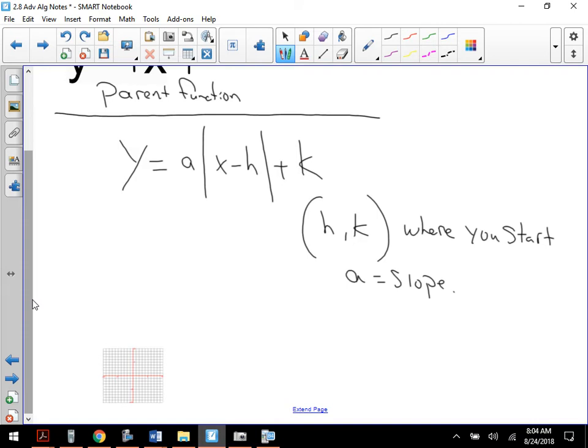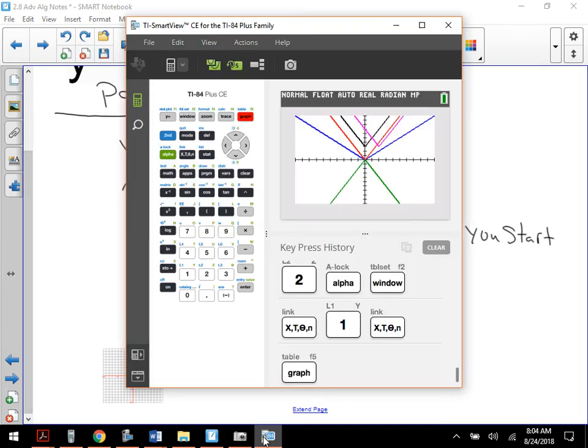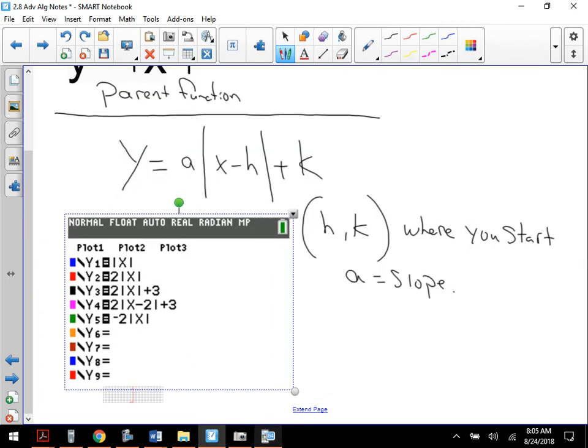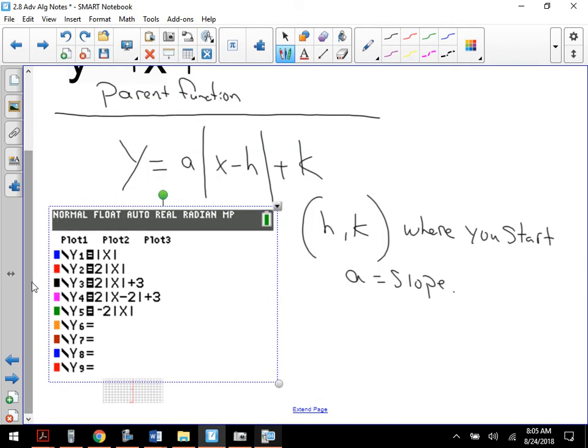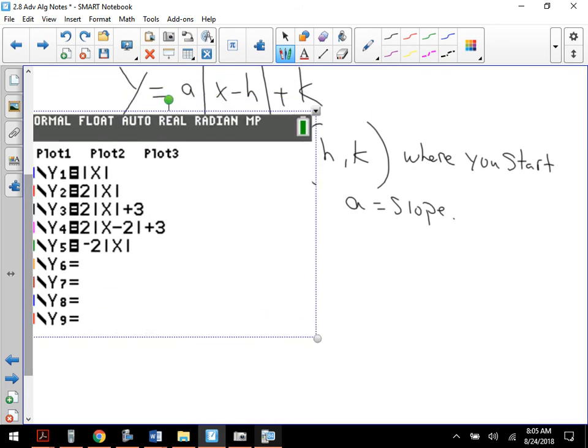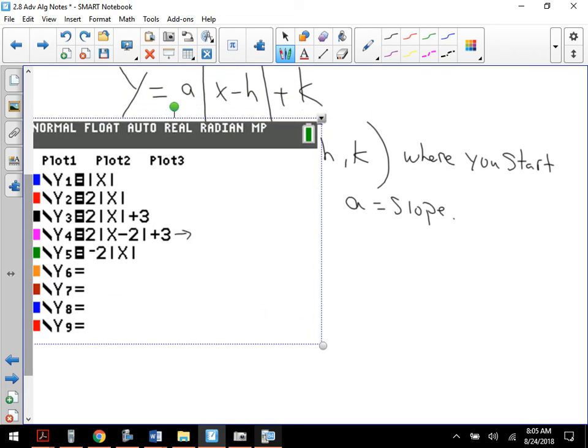If we go back real quick, and I'm just going to pull the y equals table that I had here. What's my value of A on our fourth graph? 2. So as we get going on these things, what I'd like you guys to do first of all, before we graph them, is label. A is 2. What's H? It's positive 2.